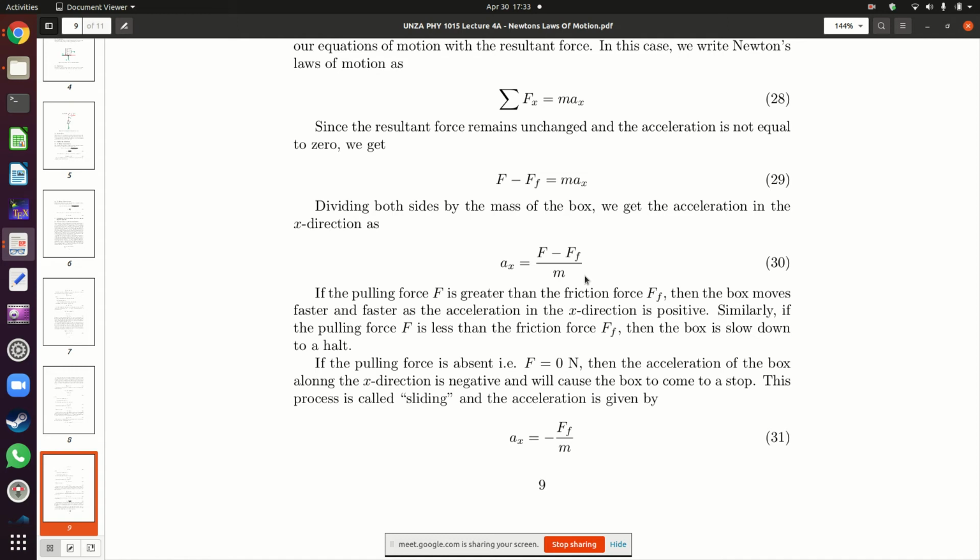Using those equations, as long as you know the acceleration, you will be able to predict where this object is going to be, what its velocity will be at a particular point, how much distance it would have covered, and so on. So this is a very good application of resultant force. You can use your resultant force to find the acceleration of an object by just dividing the resultant force by the mass of that object, as shown in equation 13. Are we clear?